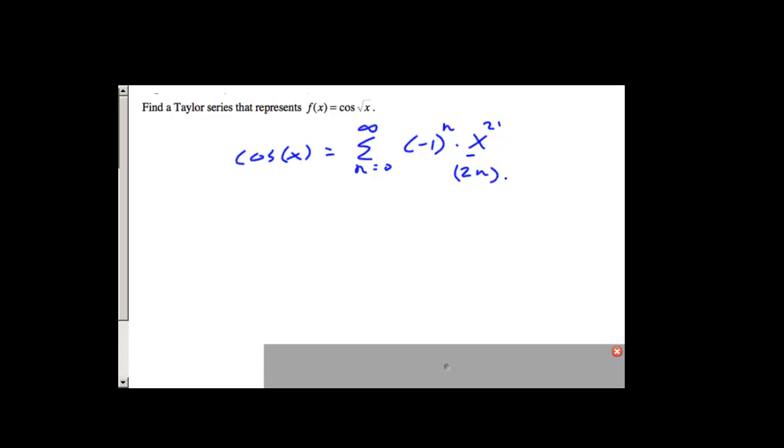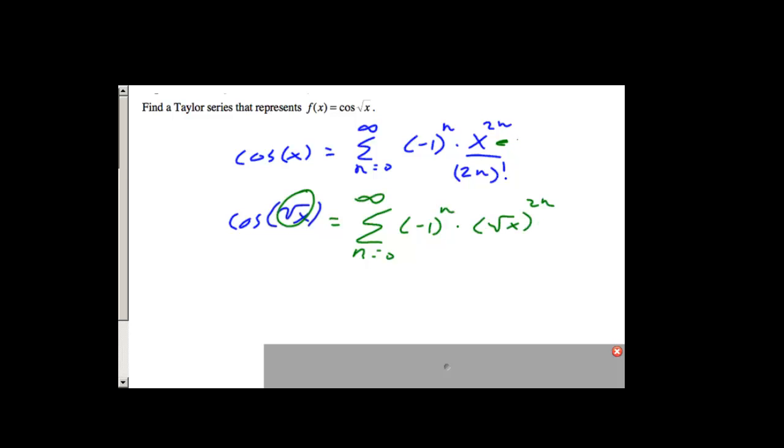So therefore, cos of root x, we're just substituting this root x in for x. So that's going to equal the sum from n equals 0 to infinity of -1 to the n times root x to the 2n over 2n factorial.